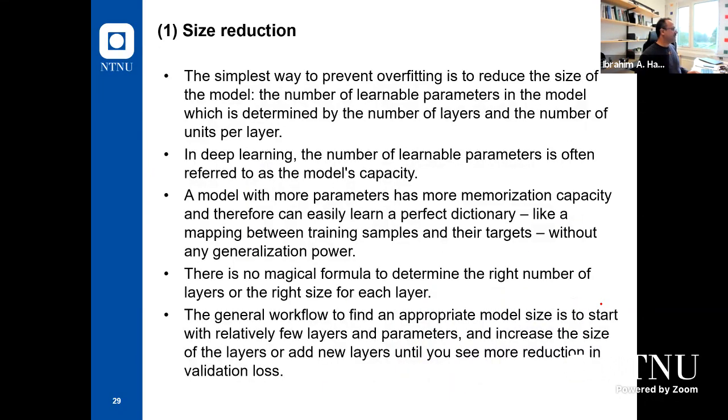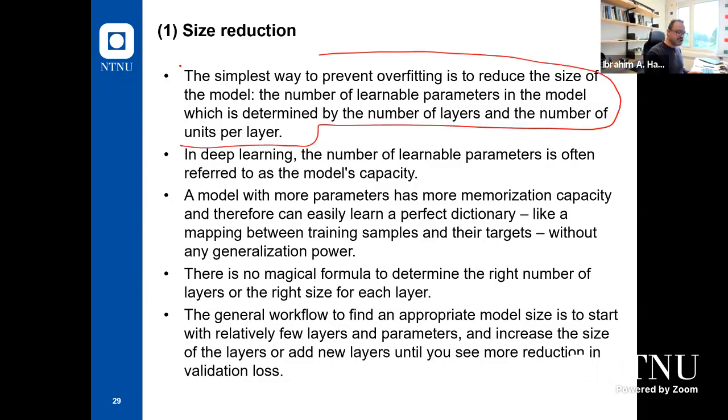So there are many ways, in fact, for size reduction. The simplest way to prevent overfitting is to reduce the size of your model, meaning the number of learnable parameters in the model, which is determined by the number of layers and number of units per layer. So with size reduction, we try to work with a model as simple as possible.